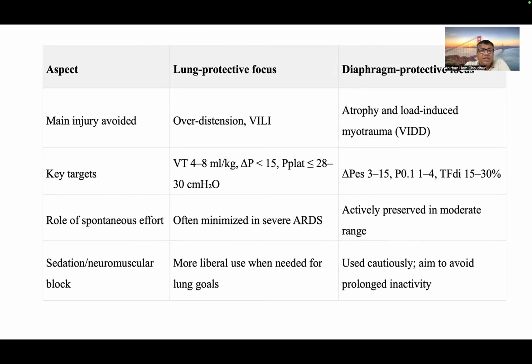The key targets in lung protective focus are a tidal volume in the lung protective range, 4 to 8 mL per kg of predicted body weight, a driving pressure of less than 15, and a plateau pressure of less than 28 to 30. In case of diaphragmatic focus, we have the esophageal pressure swings between 3 to 15, the occlusion pressure of 1 to 4, and a fractional thickening of inspiration of 15 to 30%.